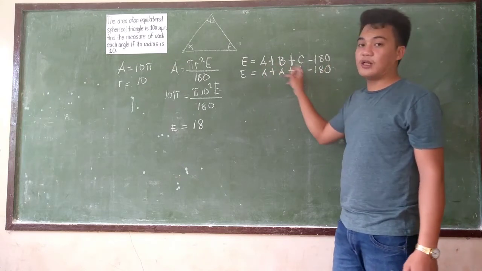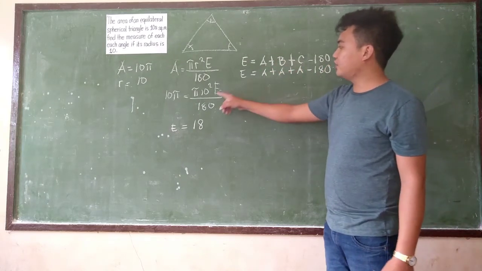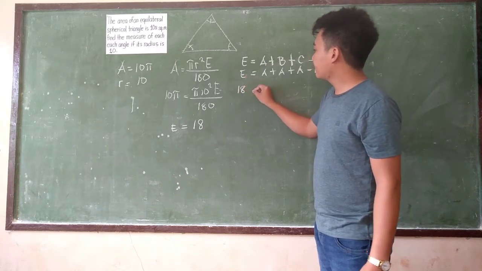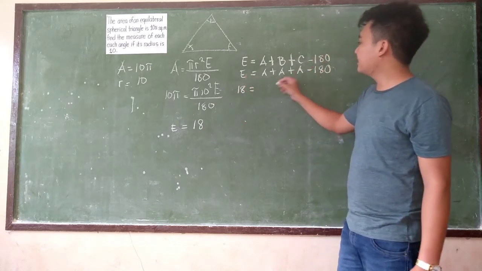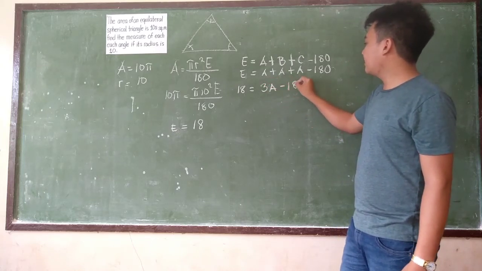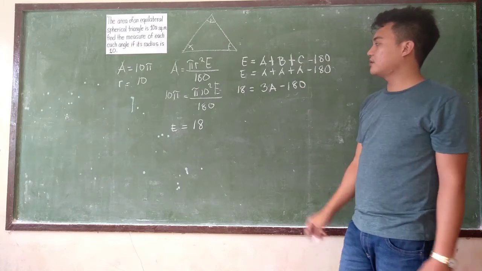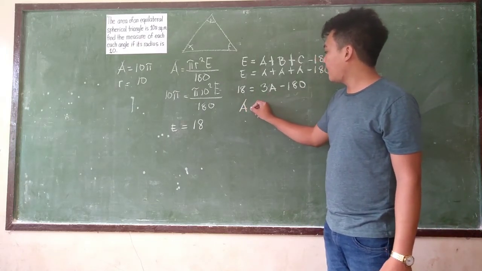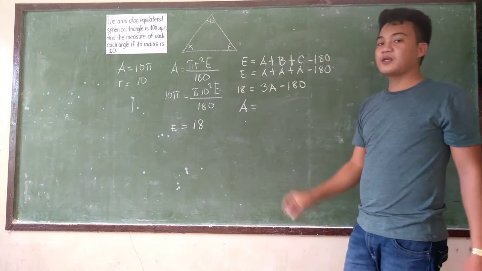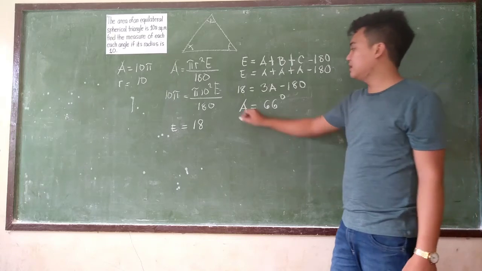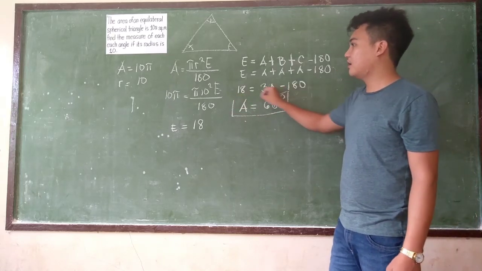So just substitute the values. Our E is 18. Then simplify, that is 3A minus 180. Simplify, the value of our A is equal to 66 degrees. So this is the measure of our angle.